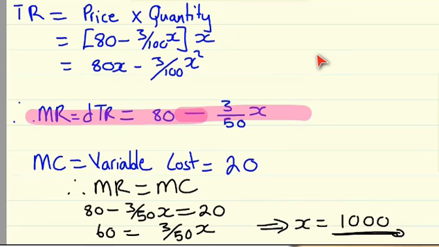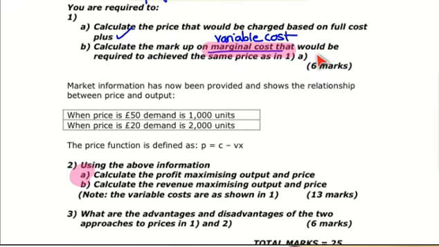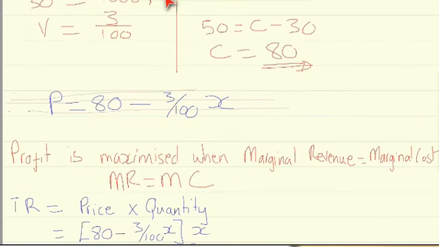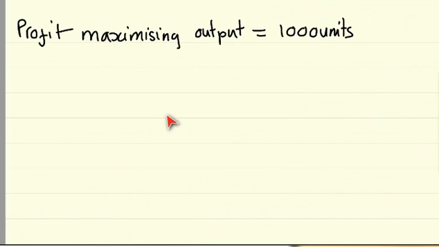So I've answered a part of the question, but the other part wants me to calculate the price. Output is 1000. What about the price? I'm going to use my price function, which is this one here. P is equal to 80 minus 3 over 100 x.